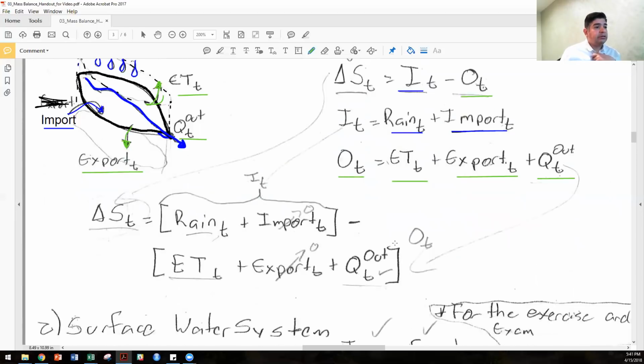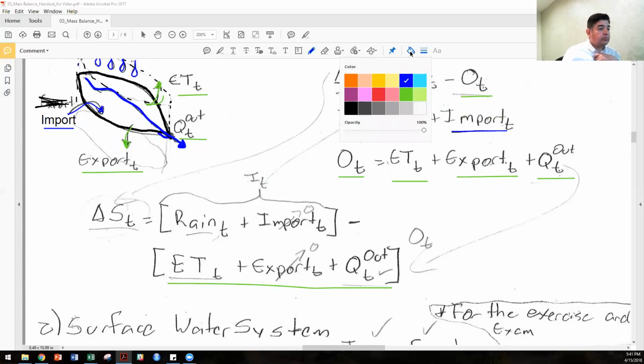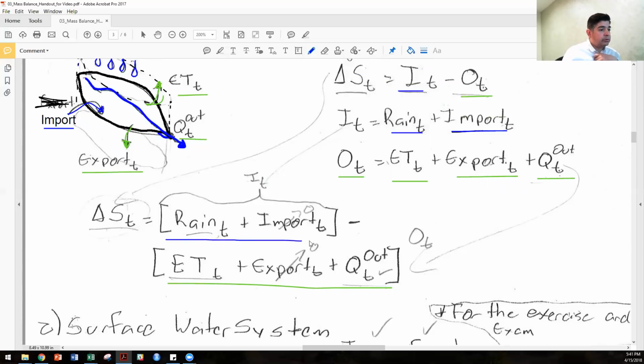So as you can see here, all of this is the outflows. All of these terms are the inflows here. So this is I sub T minus O sub T.